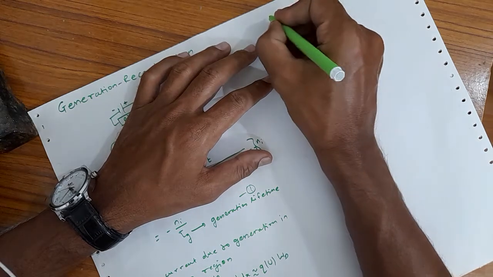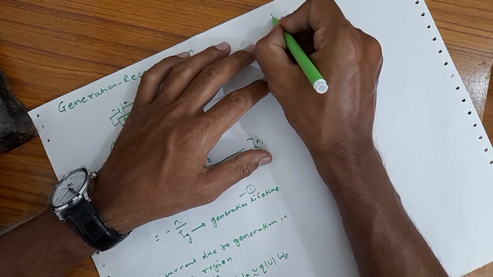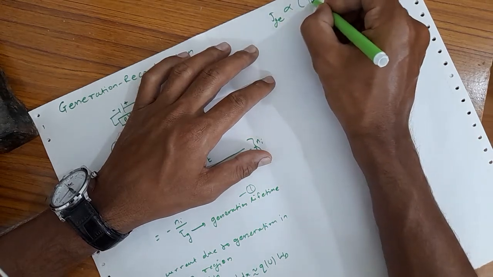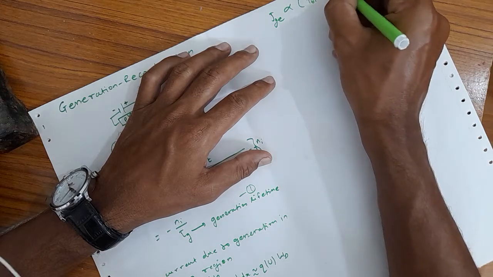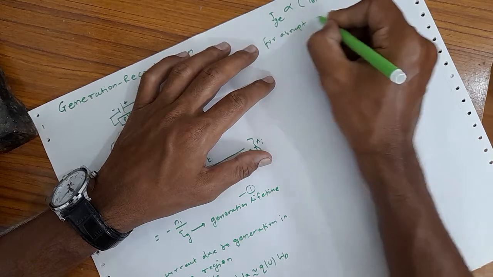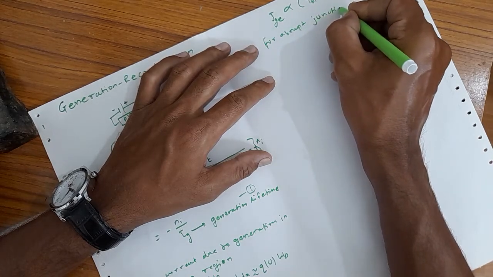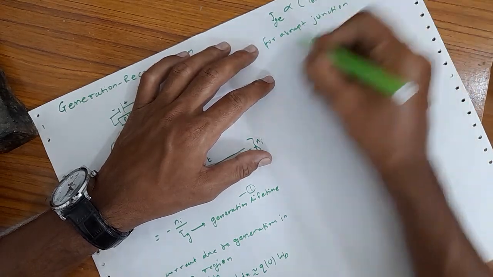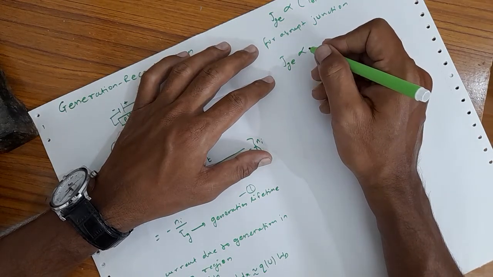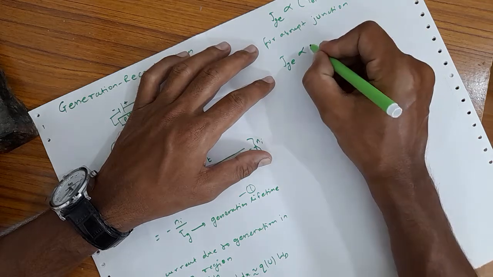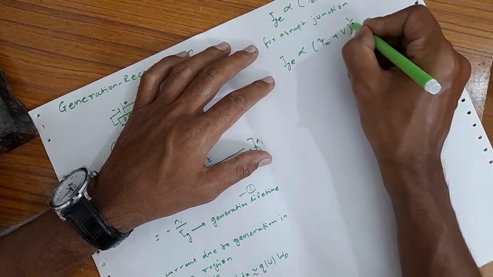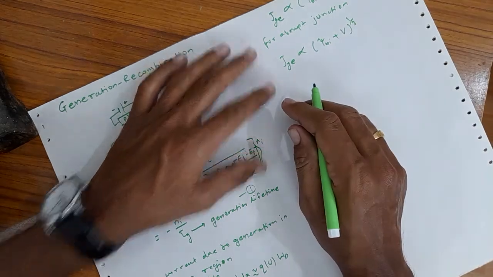Jg is proportional to (psi bi plus V) raised to 1 by 2 for an abrupt junction. This is equation number 3. For linearly graded junctions the proportionality is different, where psi bi plus V is the potential applied across it.